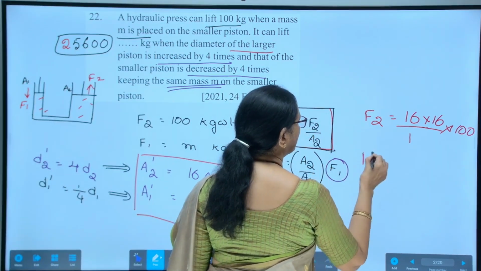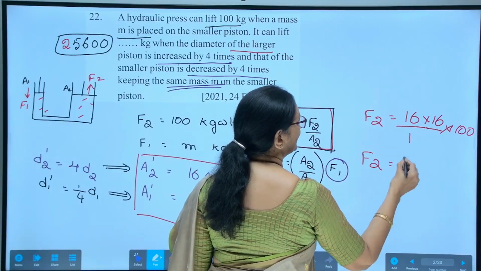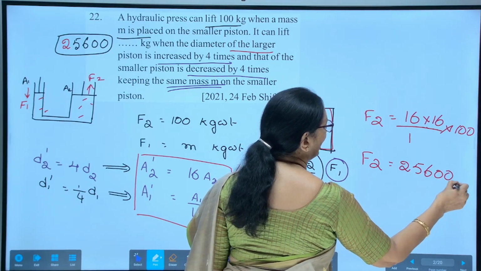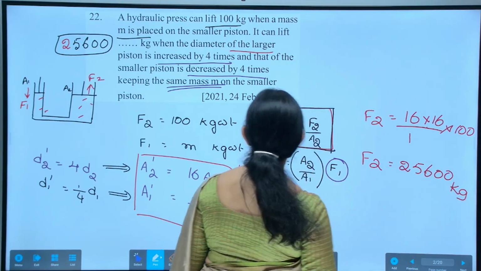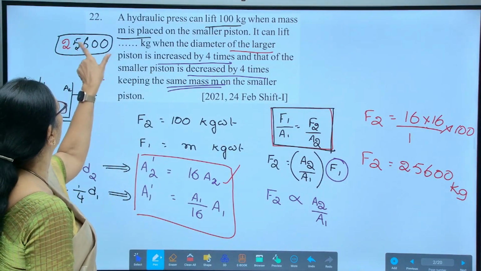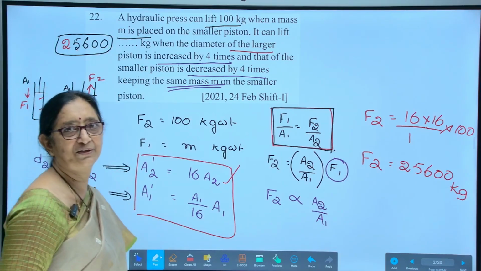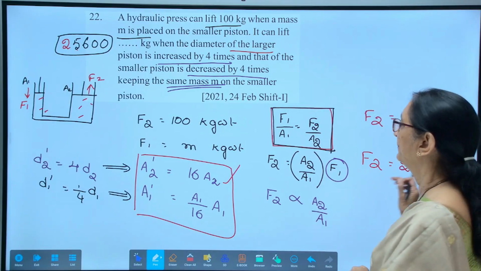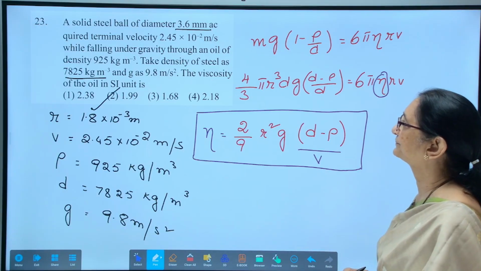So F2 is equal to 16 square, that is 256, times 100, which is 25600 kg. That is the answer. So the answer is 25600 kg. That is the numerical problem, an integer type of problem. Move on to the next one.